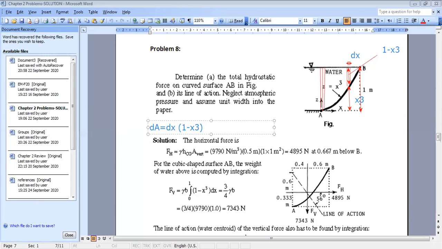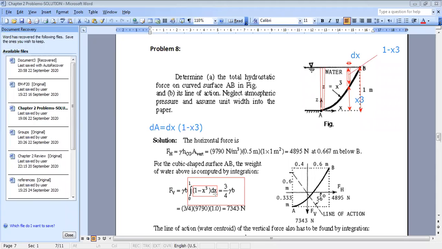So the total area will be integral. This is the total area, as you can see it here. It's integral from 0 to 1 of dA. This is the elementary area dA, which is 1 minus x cubed times dx. Did I answer your question? Yes, doctor, thank you. Okay.